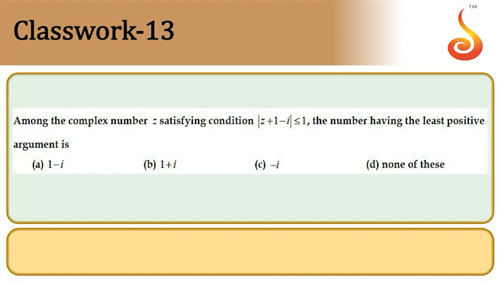Among the complex numbers z, |z - 1| is less than... Actually, there is a mistake in this one. So if I change the problem to |z + 1 - i| = 1, and we draw this circle, the circle will be like this.